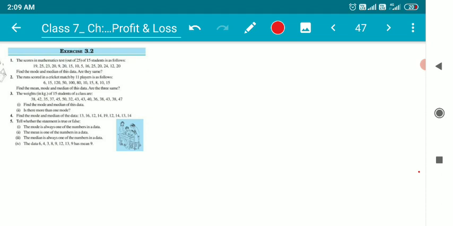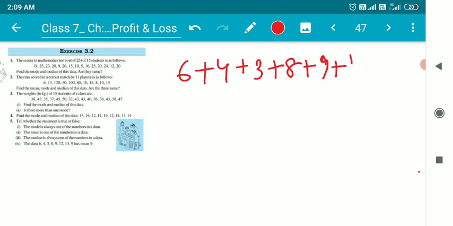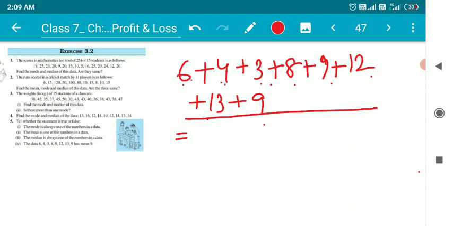So 6 plus 4 plus 3 plus 8 plus 9 plus 12 plus 13 plus 9. There are 8 numbers. Let us find the mean of this data: the sum divided by 8.